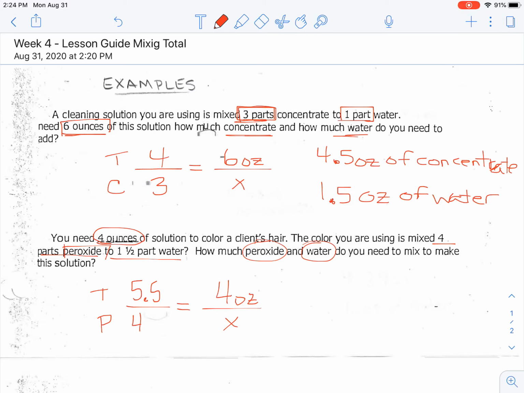To find out how much water goes with that, it's just an easy subtraction. So we need a total of 4 ounces of product altogether. We're going to take 4 minus 2.9. So we need 1.1 ounces of water to go with it.